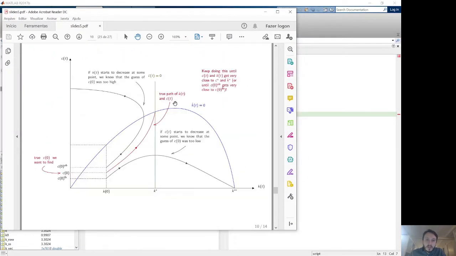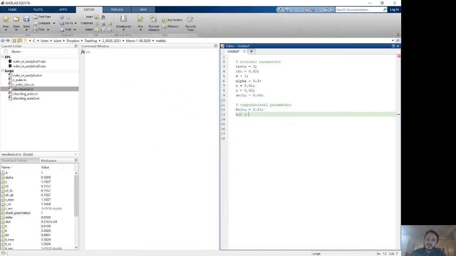Remember I said that we will compute the paths of capital and consumption until a point where we get a value of capital and consumption at one point in time in which they are very close to the steady state values of capital and consumption. So we have this notion of very close. How close should it be? This is the tolerance level.